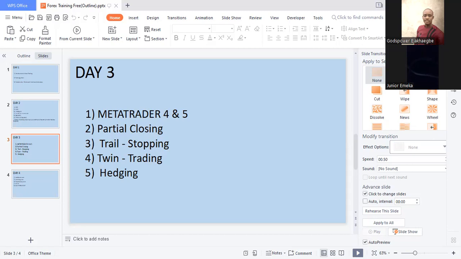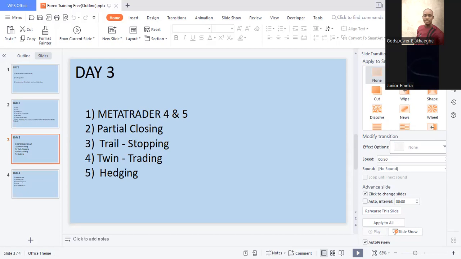So let's see these pending orders. For MetaTrader 4, you have buy stop, sell stop, buy limit, and sell limit. Now, for MetaTrader 5, you have buy stop, sell stop, buy limit, sell limit, and buy stop limit and sell stop limit.